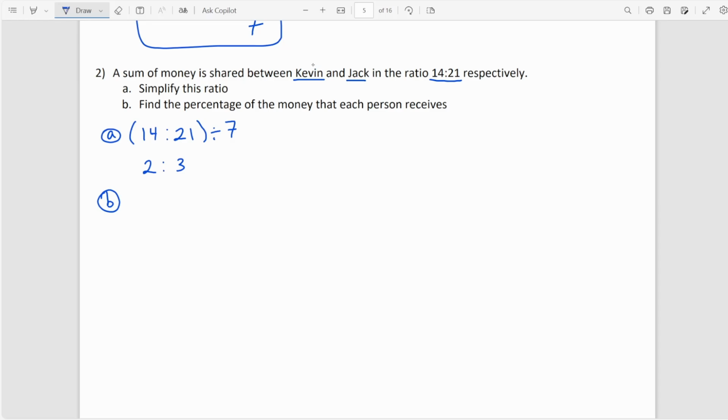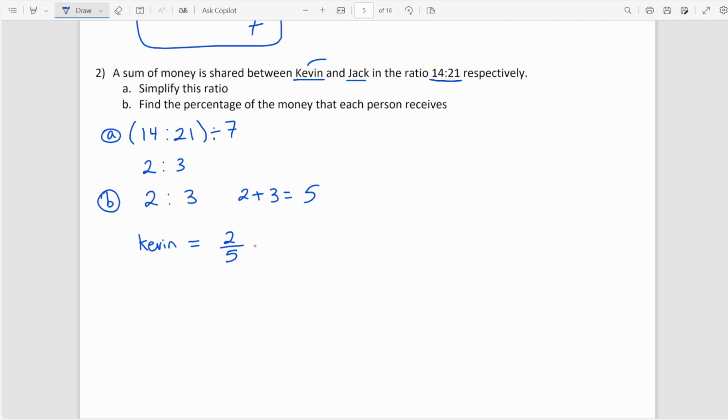Now, right here, Kevin and Jack. This 14 parts belong to Kevin, 21 parts belong to Jack. Now, right here, 2 to 3, this is just simplified. I will use the simplified one, obviously. Now, 2 plus 3 is equal to 5. This is the whole parts. So, firstly, for Kevin, he receives 2 over 5, because he received 2 parts out of 5 total parts.